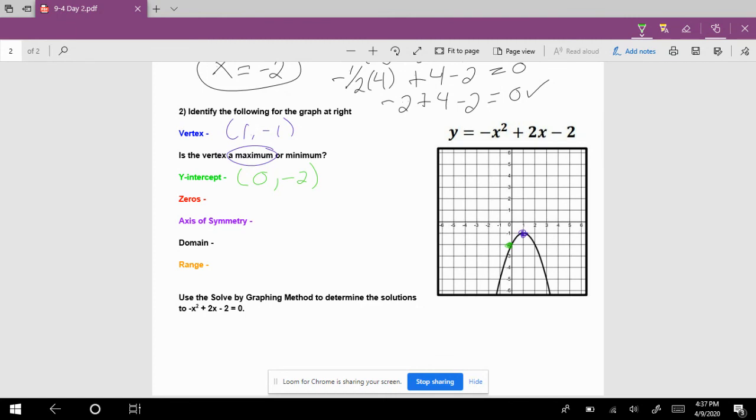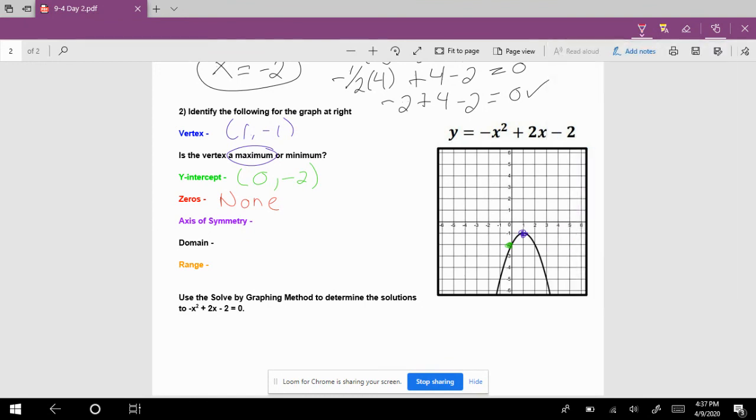Now for your zeros, or your roots, or your x-intercepts, this one does not cross the x-axis. So you can write none, right? There are no x-intercepts. You're not necessarily going to write no solution for that because it's not asking you to solve. You're just identifying. So you're just going to identify that there are no x-intercepts.